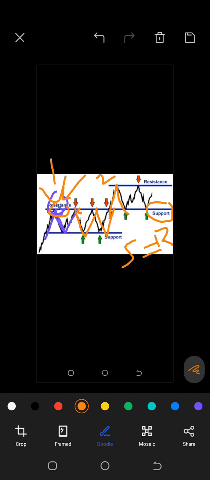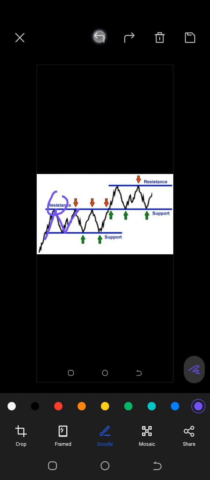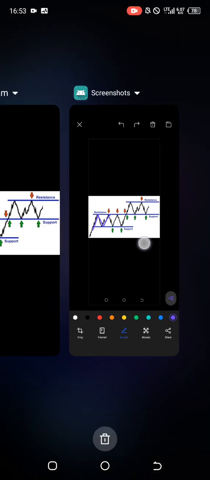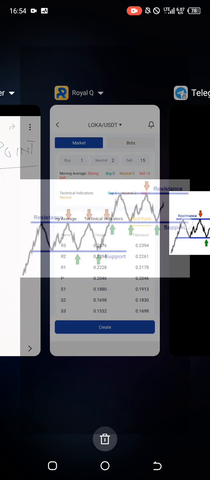So let me take this one off. So let's move on to how to calculate the pivot point.